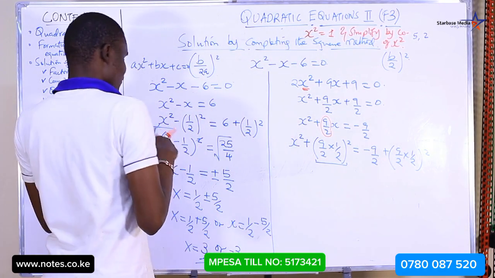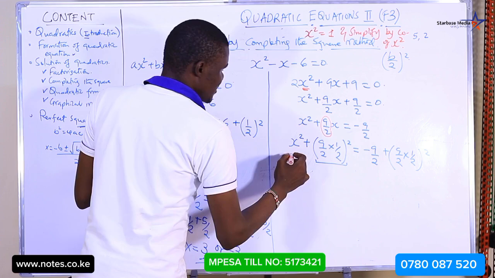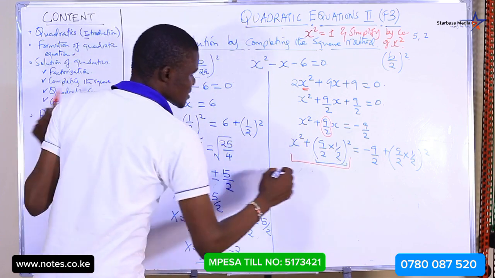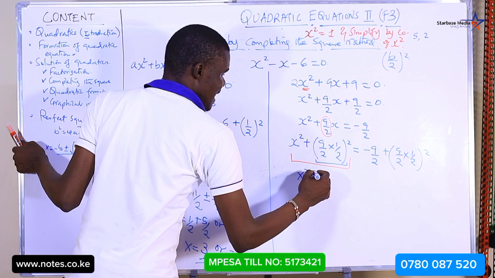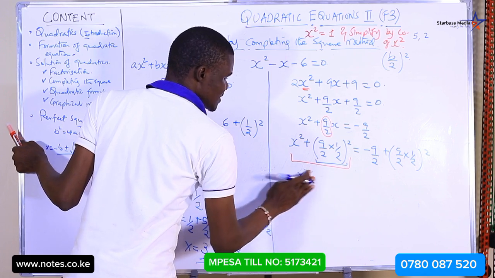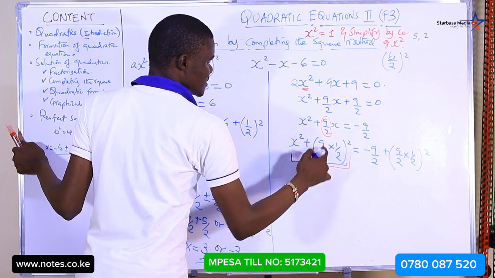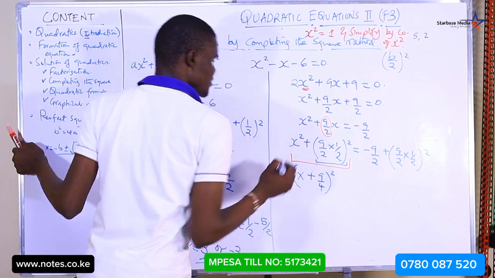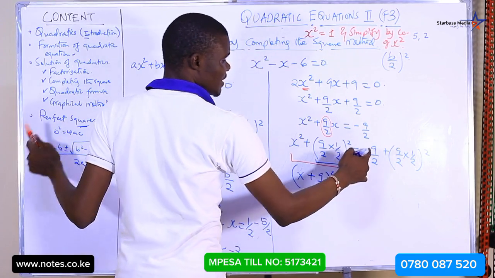And I said, for you not to mess in exams, don't try to expand, just factor them. You just say x squared, or rather x, this will be x plus 9 over 4, squared. Don't struggle expanding this. This is equal to, you will help me here.